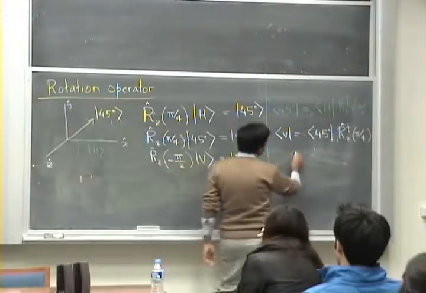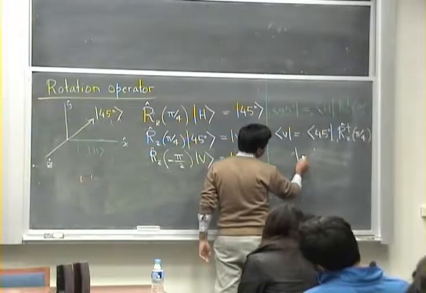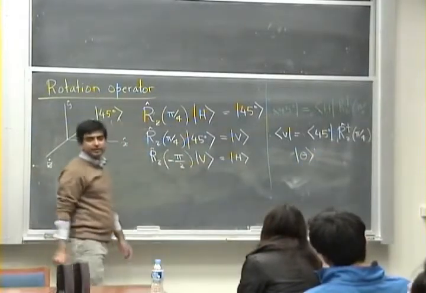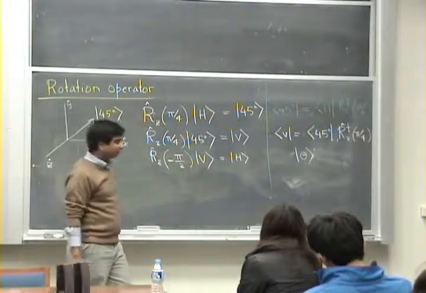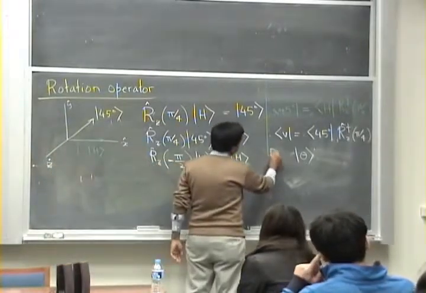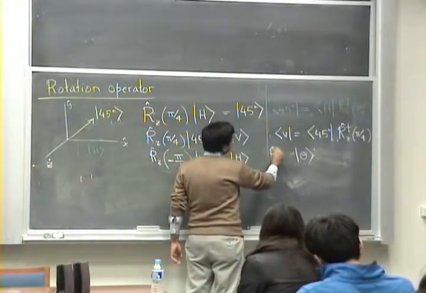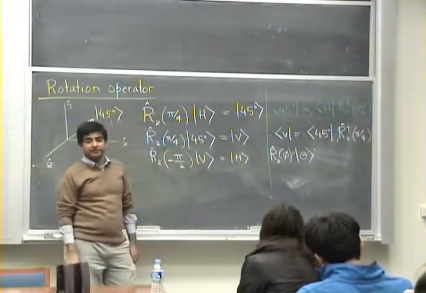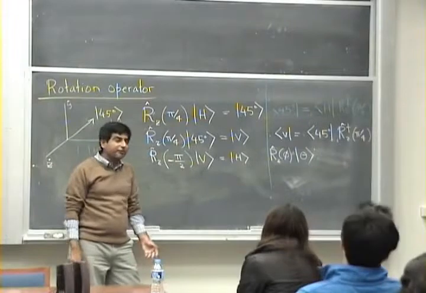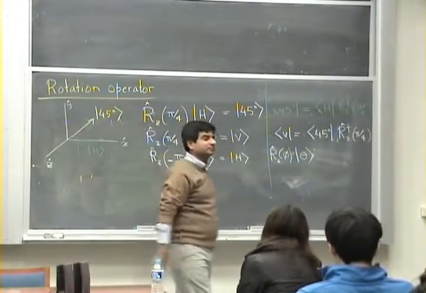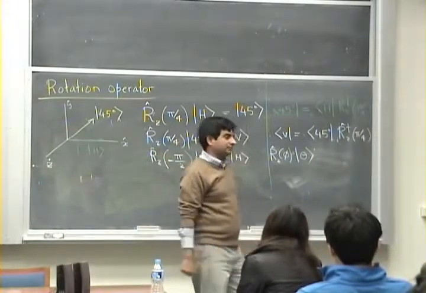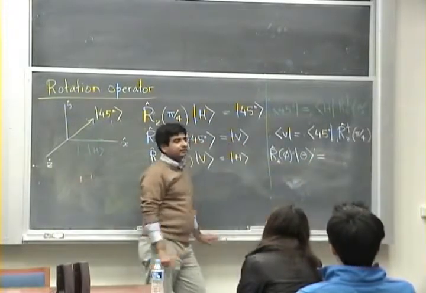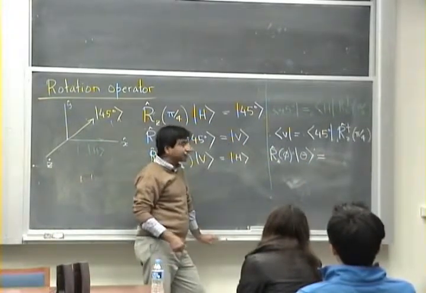Likewise, if I have some state which is linearly polarized at an angle theta with the horizontal, and onto this state acts the rotation operator which rotates the state through phi, what is going to be my output state? What should I write on the right hand side? First of all, I should write a ket.